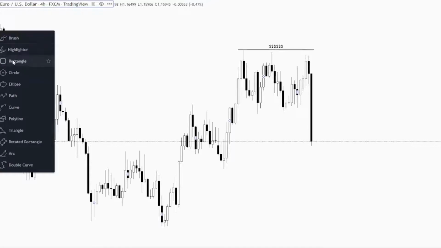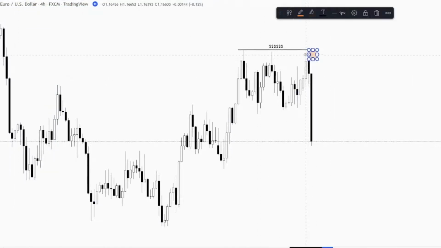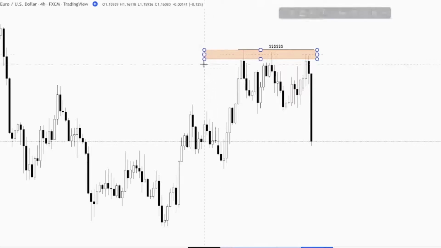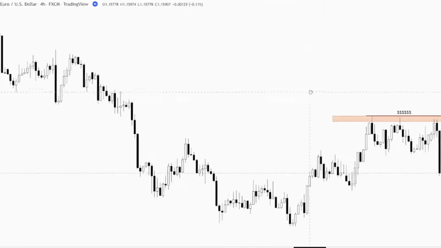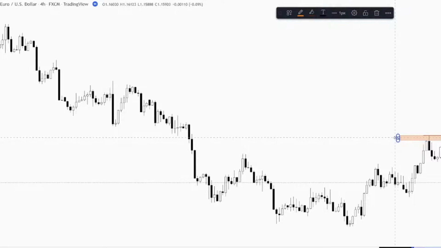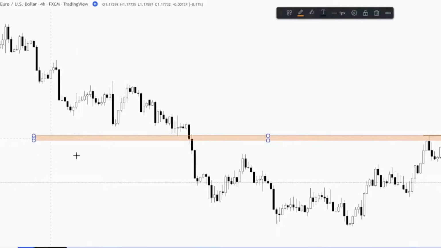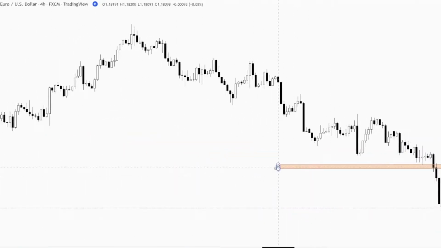Let us mark that zone. All right, we'll call this zone a high resistance zone right here, and I'm sure that if we continue to pull this zone backwards, yes, you see the market came and it supported this zone there. If we continue to pull this zone backwards, let's see what we will find.